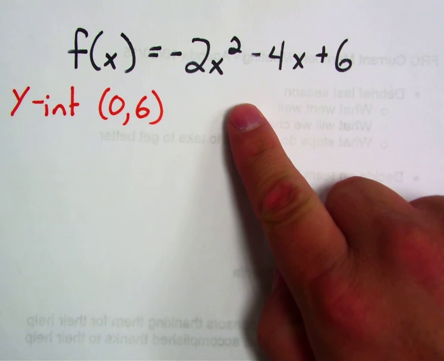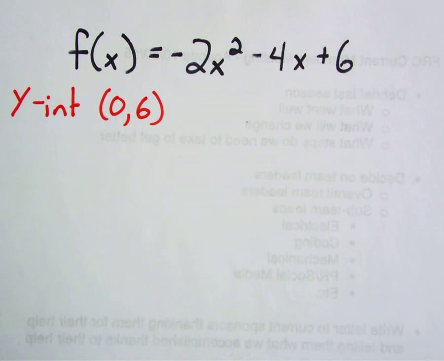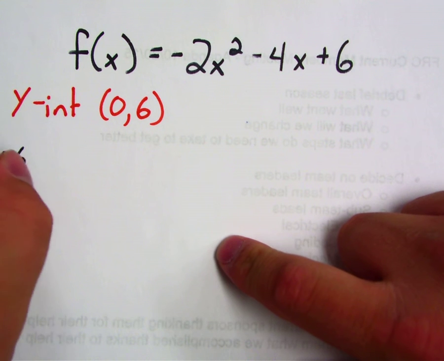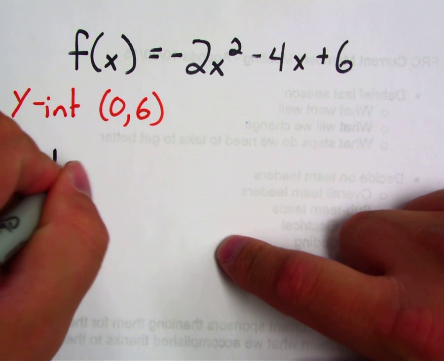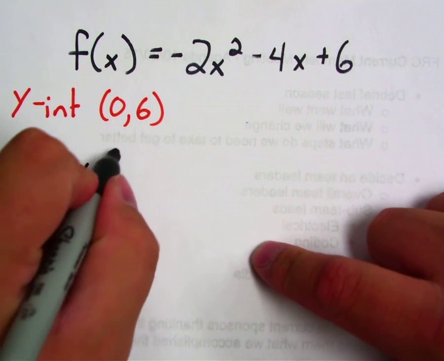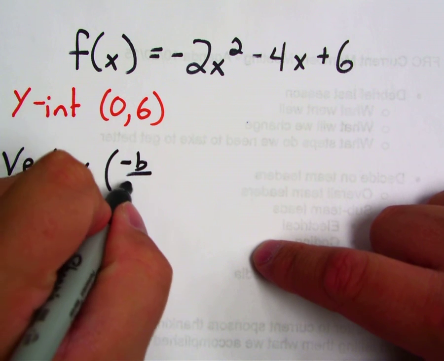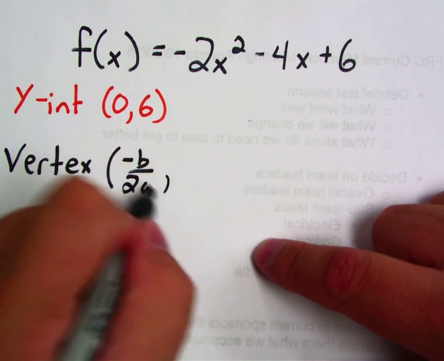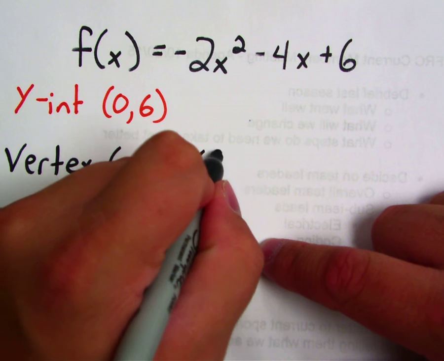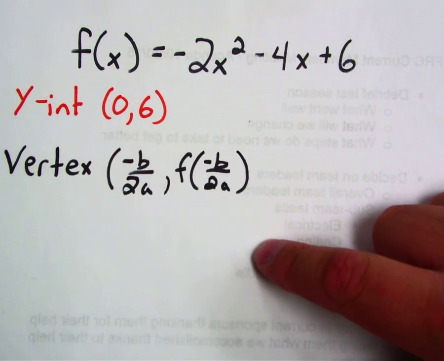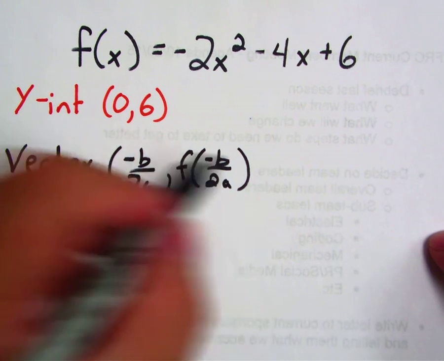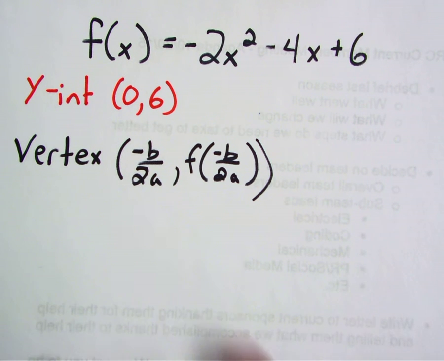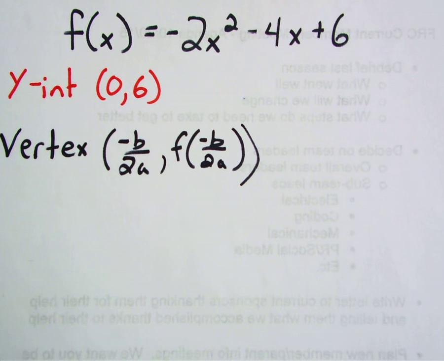Next, let's go ahead and look at the vertex. For the vertex of a quadratic, we've got the formula negative b over 2a, and that's going to find the x-coordinate of our vertex. To find the y-coordinate, we're going to plug that back into the function. Now, I picked a nice one here. This one has a very easy to find vertex, but a lot of times that could end up being a fraction.